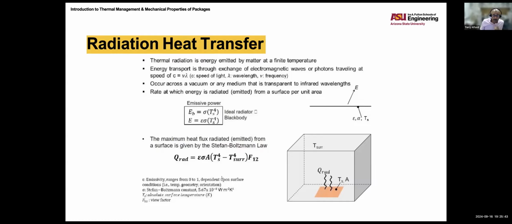Okay, so now we are going to consider the 1D heat transfer problem. Here we start at the junction. We're going to have to go across the die, across the TIM, across the heat spreader, and then we will get convection at the surface.